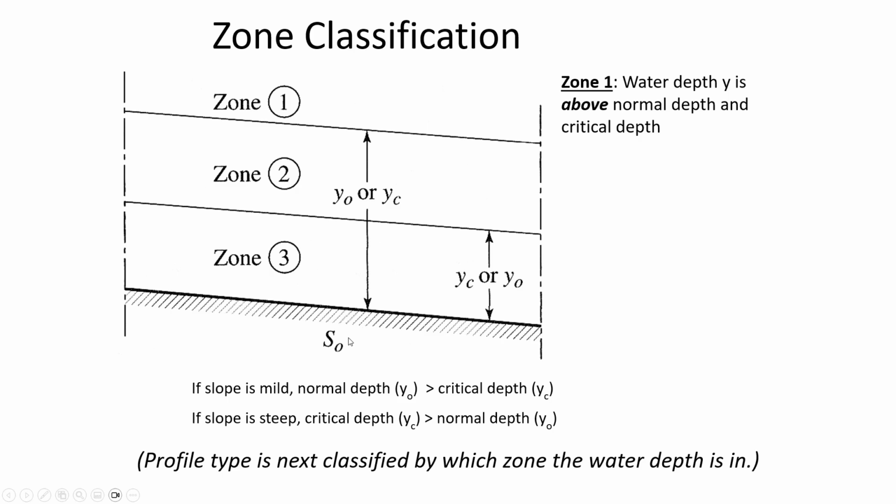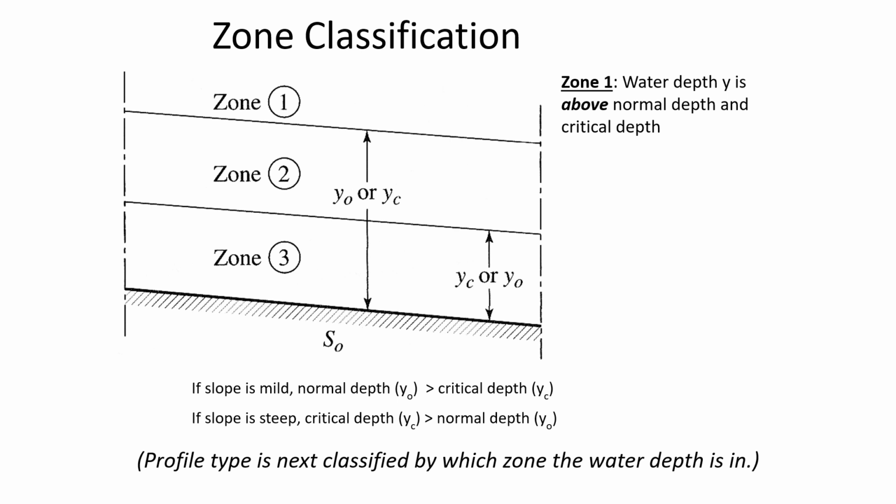The next is which zone the actual observed flow depth is in. So if we're at a location and we measure the water depth and it's deeper than both the normal and the critical, that puts us into zone 1. The zones are divided by where these imaginary lines are. The imaginary lines are critical and normal.